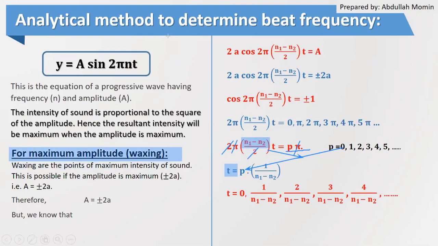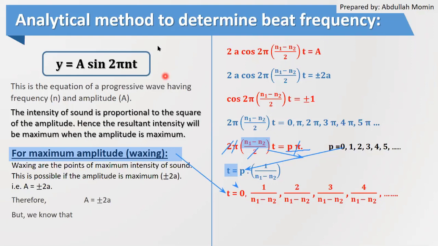At these time instants we are getting waxing points, that is maximum. If the first waxing we get is at time instant 0, then the next waxing we will get after time 1 upon (n1 − n2). The next waxing we get at time instant 2 upon (n1 − n2). So these are the time instants at which we are getting maximum amplitude, that is waxing.